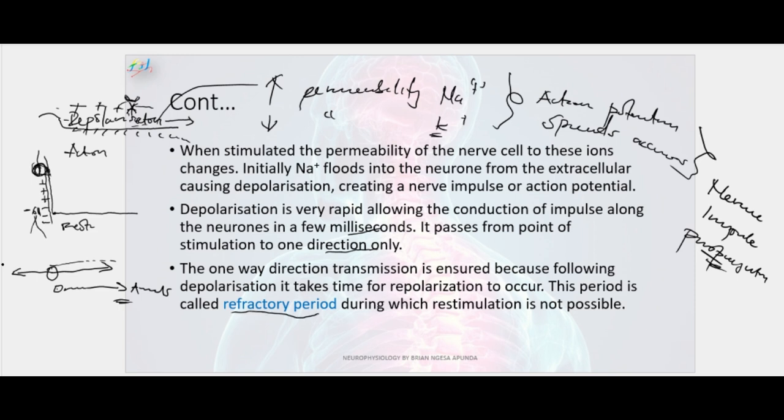So again, for pathological reasons, we should note the importance of this. If a neuron does not have a refractory period, these are the people who will clinically experience seizure, convulsion, or epilepsy, because we are not likely to have a coordinated neuronal flow.